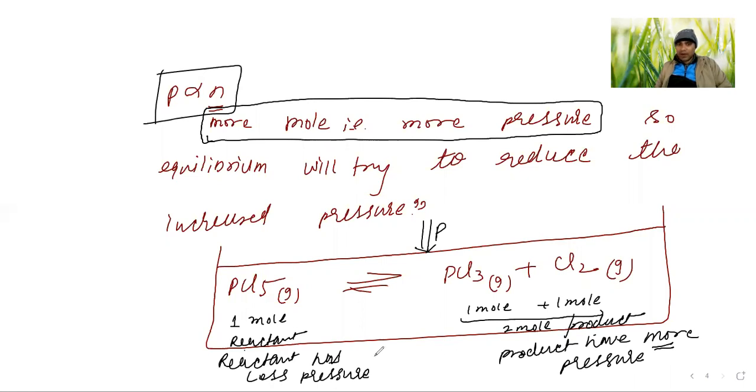If it goes forward, it will be more and more, and less and less. Sorry, sir, backward. Are you able to understand now? So the equilibrium in this case is going to shift backward.